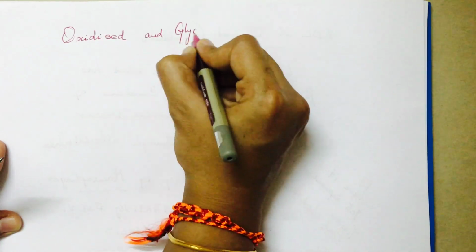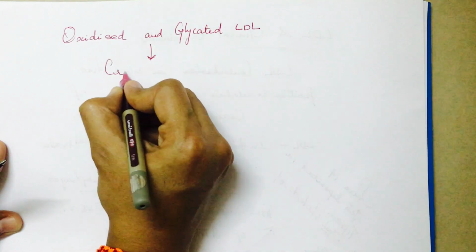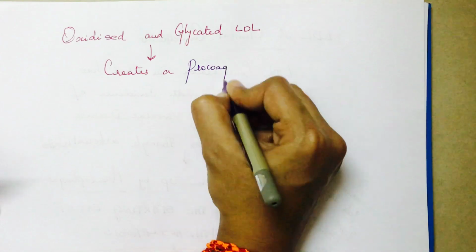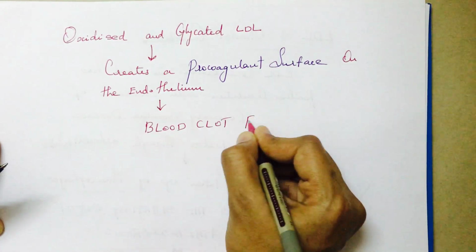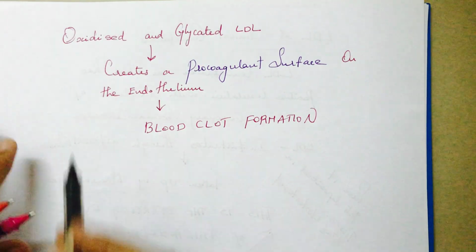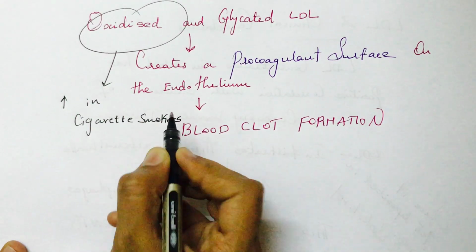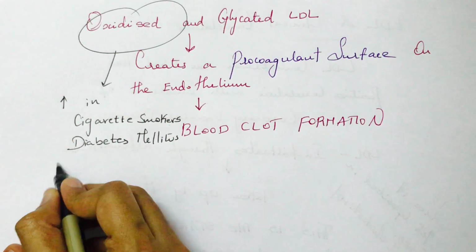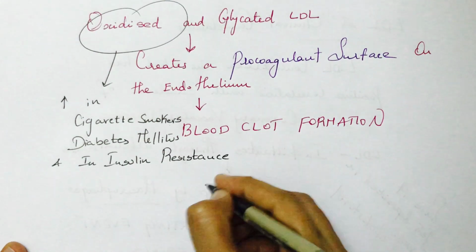Especially the oxidized and glycated LDL creates a procoagulant surface on the endothelium, and this procoagulant surface causes blood clot formation. And this oxidized LDL is found in higher levels in cigarette smokers, patients with diabetes mellitus, and any other cause of insulin resistance.